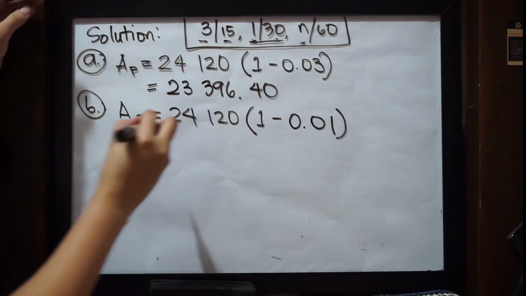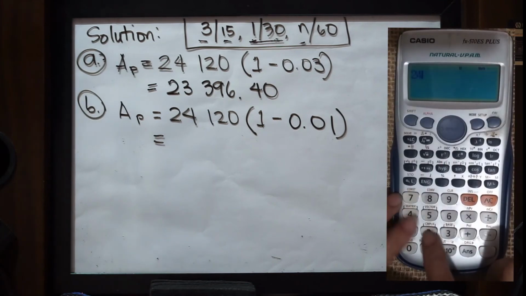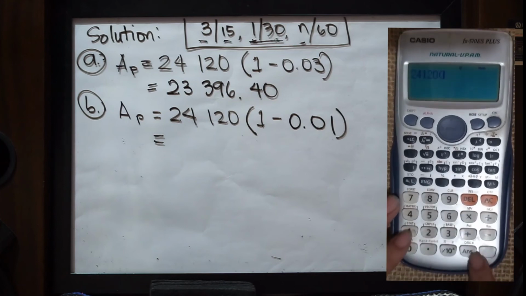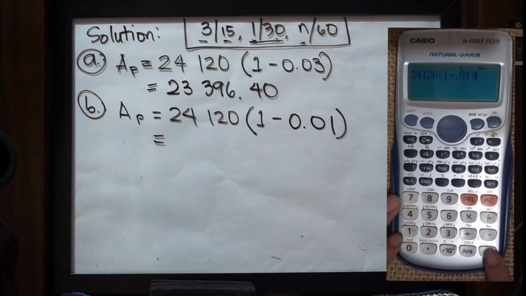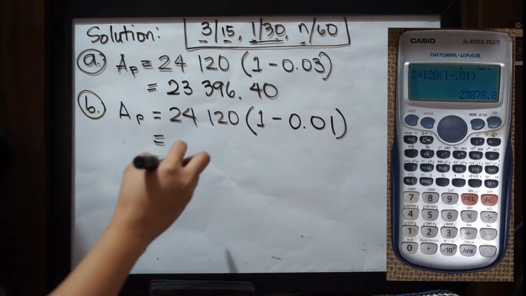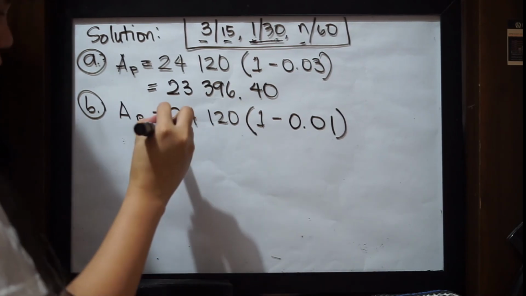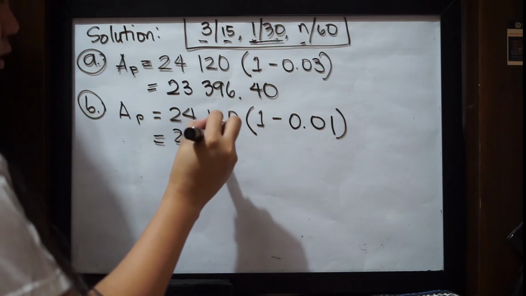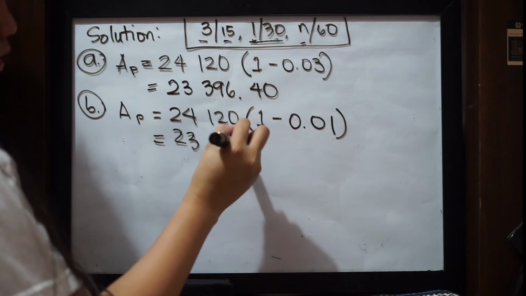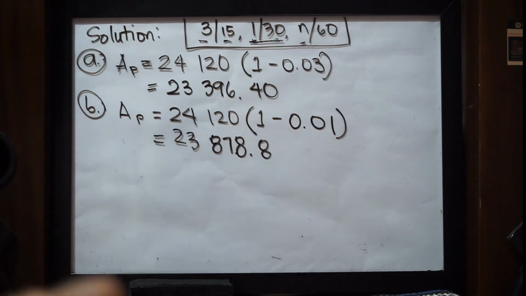Solving this one in your calculator, we will have 24,120 multiplied by 1 minus 0.01. The answer will be 23,878.8. So, that's it.